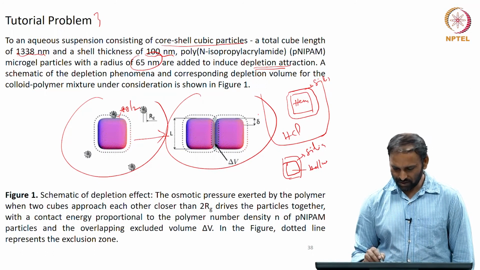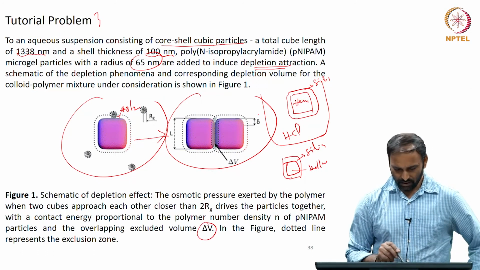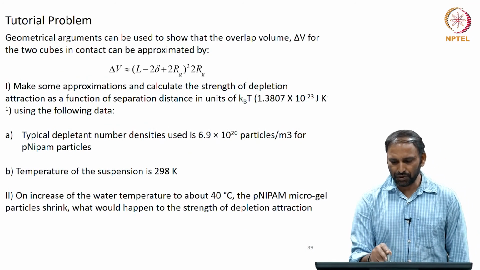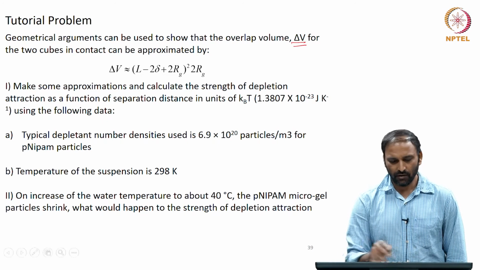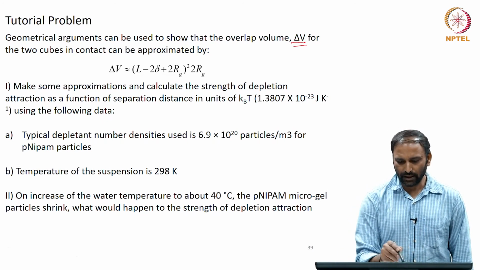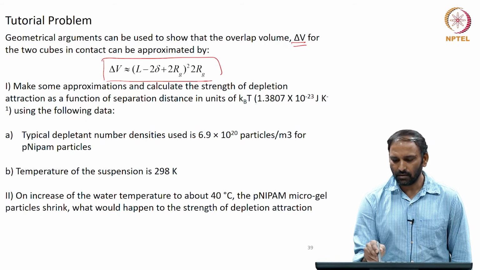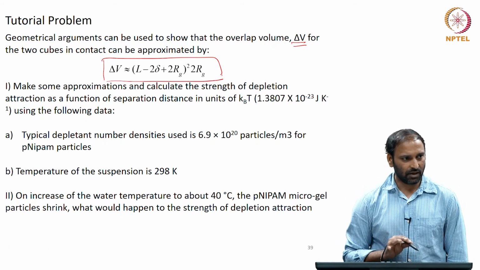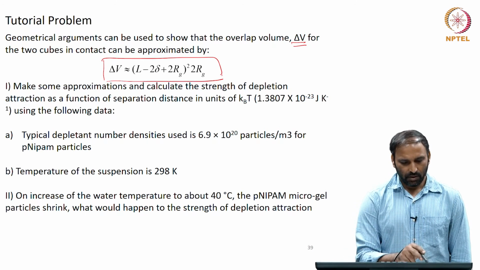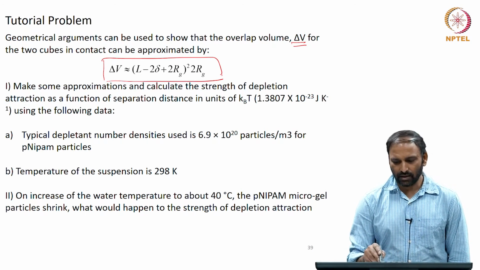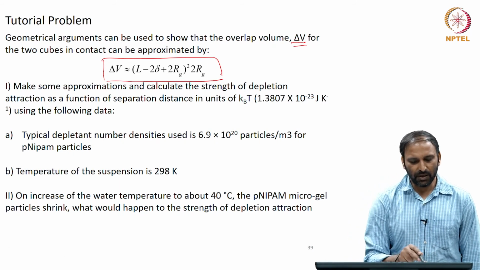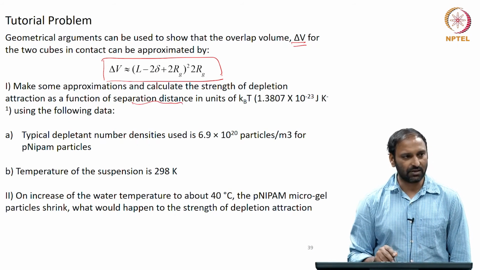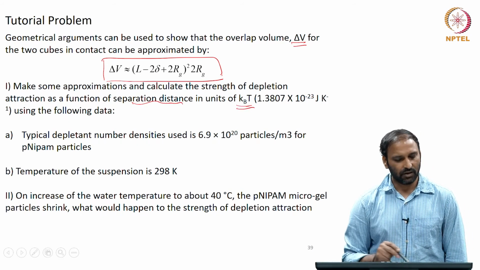The depletion volume is delta V. Geometrical arguments can be used to show that the depletion volume delta V for the two cubes in contact can be given by this. Make some approximations and calculate the strength of depletion attraction as a function of separation distance in units of kBT.